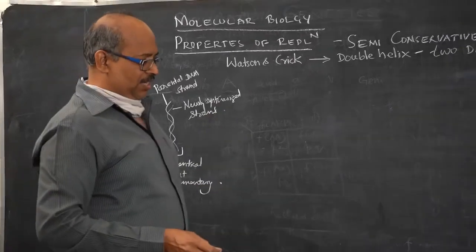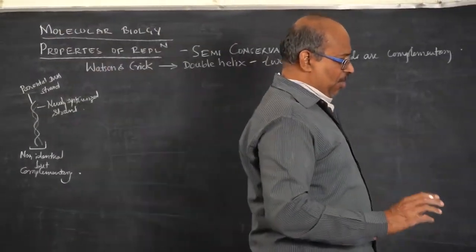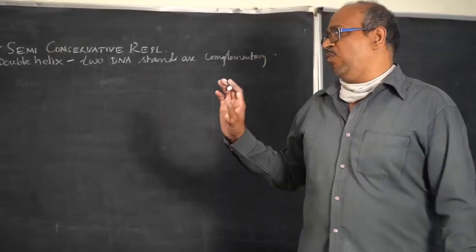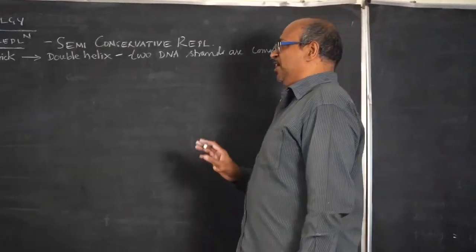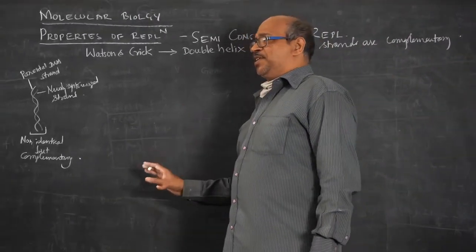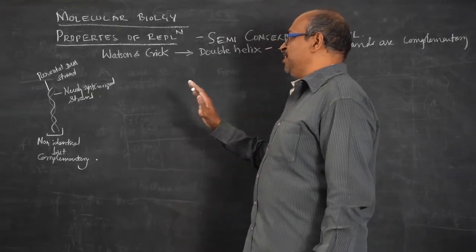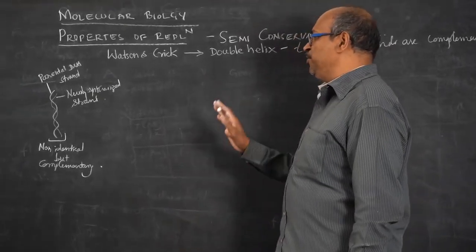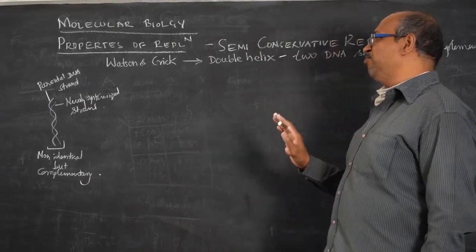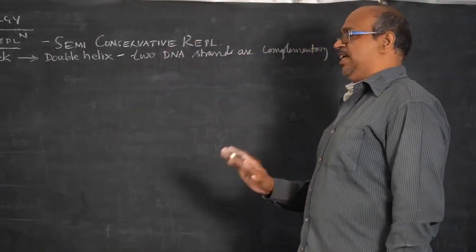So we have a hybrid daughter DNA molecule having one parental DNA strand and one newly synthesized strand. Your parental DNA strand and the newly synthesized strand combine to generate a new daughter DNA.